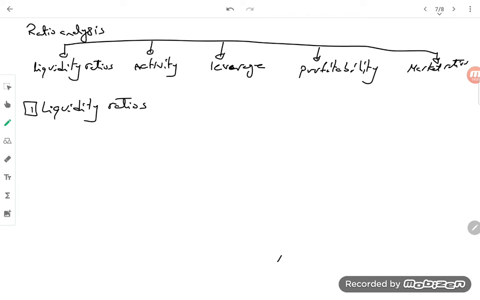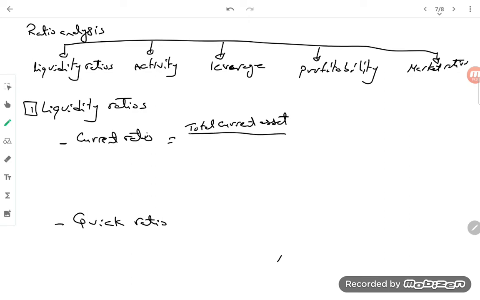We are going to talk about 2 main liquidity ratios. They are current ratio and quick ratio. With respect to current ratio, it's calculated as total current assets of the firm divided by total current liabilities.